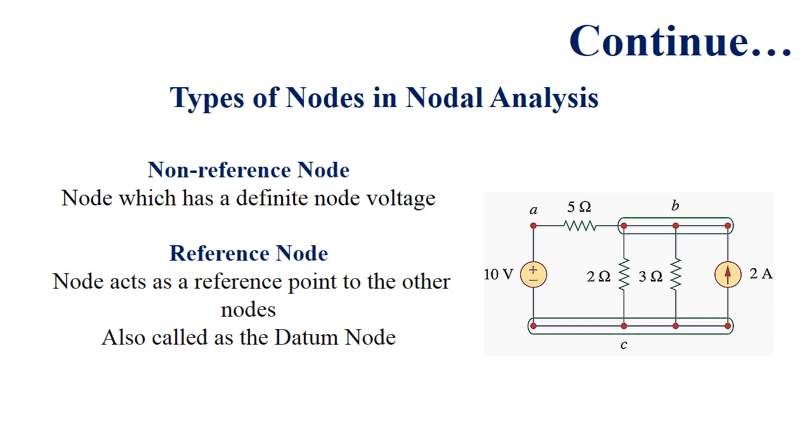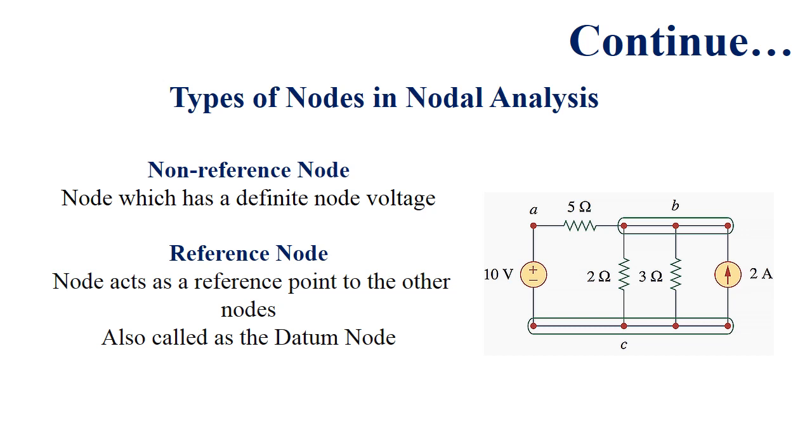Types of nodes in nodal analysis. In nodal analysis we have basically 2 types of nodes: the non-reference node and the reference node. A non-reference node is a node which has an unknown node voltage.